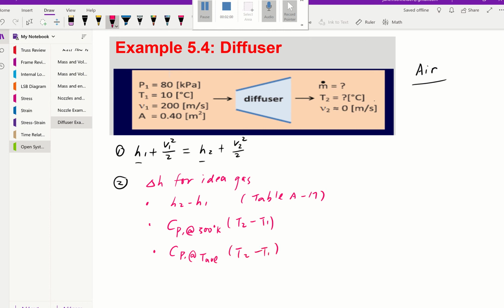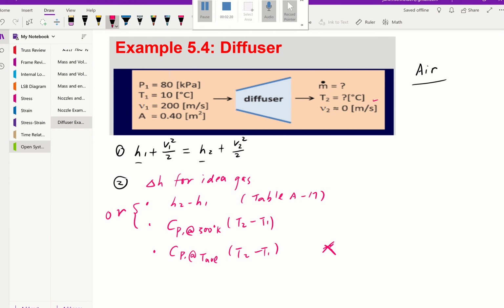For this problem, since we need to find T2, we really can't know the average temperature, so this method is out. However, we could potentially use either method 1 or 2 to figure this out. Maybe we'll try both.